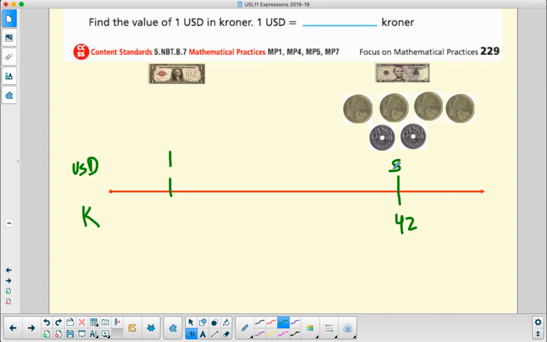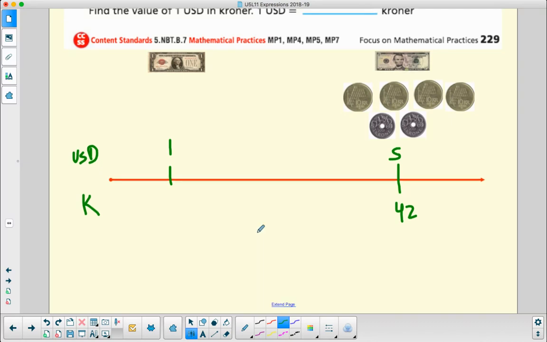I'm going to divide my 1 into 5 equal groups. I need to divide my 42 into 5 equal groups. We said division, so that's what I'm going to do. 42 divided by 5. Well, there's 8 5s in 42, but I get a remainder of 2.